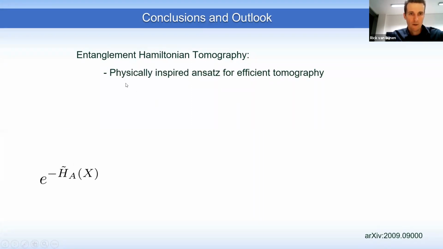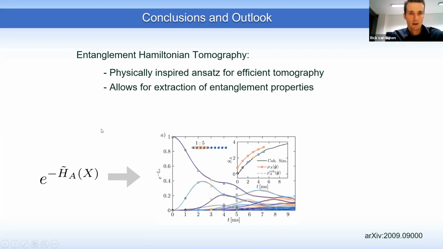We took a physically inspired Ansatz for this entanglement Hamiltonian, with a low number of parameters, which we can fit efficiently. This allowed for the extraction of entanglement properties from real experimental data. So we were really able to measure the entanglement spectrum as a function of time. You see the growth of entanglement, you can see the von Neumann entropy.